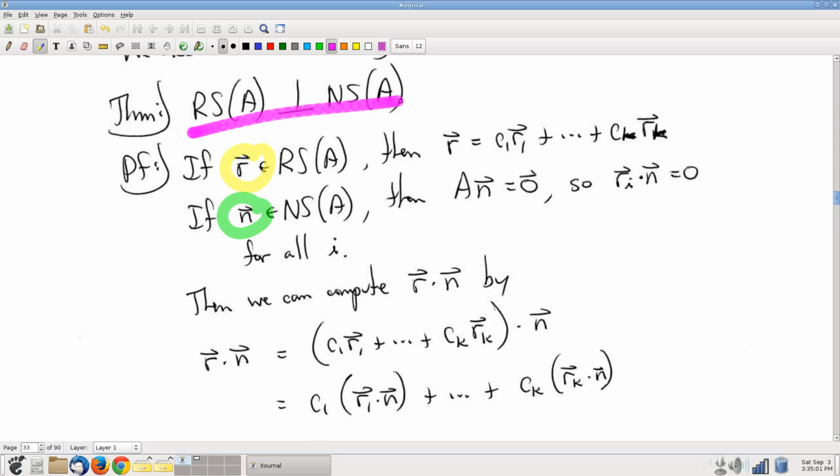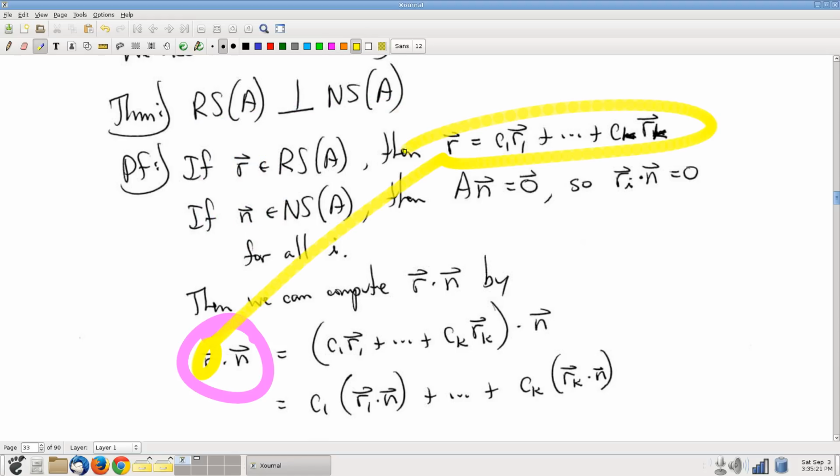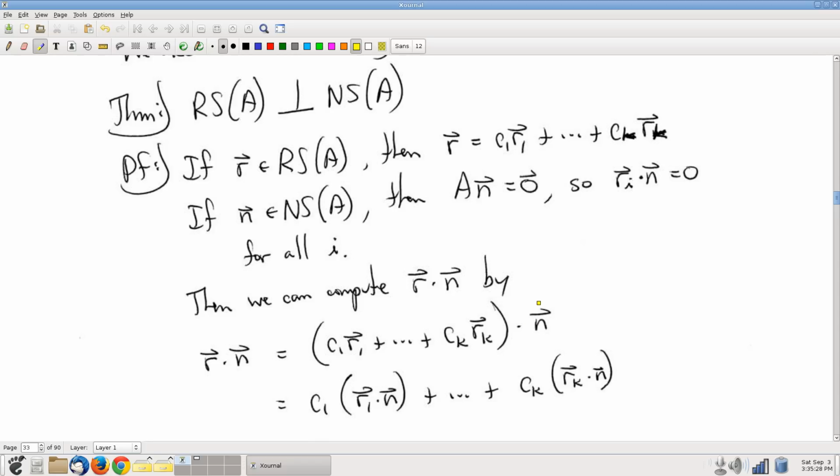Okay, that being said, my assertion is that these two spaces are perpendicular. I'm going to show that by showing that these two vectors are perpendicular, an arbitrary row space vector and an arbitrary null space vector. I'm going to show they're perpendicular by computing their dot product and getting 0. And the way I'm going to compute their dot product, well, I will take the row space vector. There's that. Do a little distributing. That turns into this.